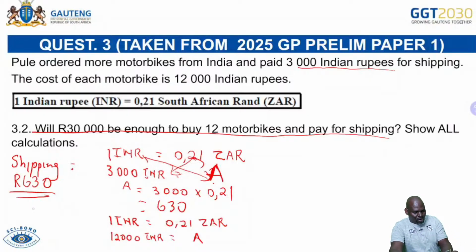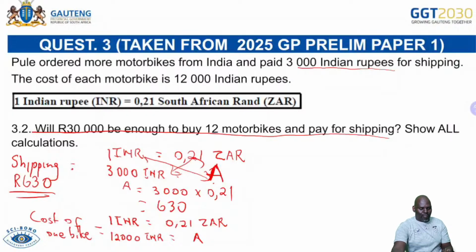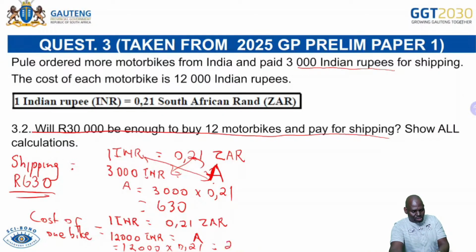The cost of one bike will be 12,000 multiplied by 0.21, then I get 2,520. So the cost of one bike is 2,520 rand.